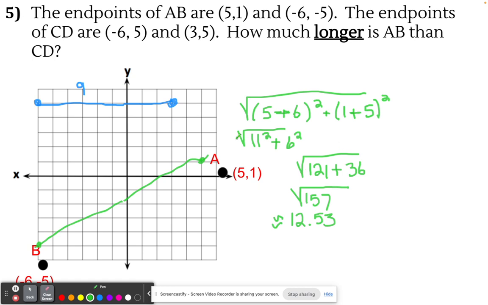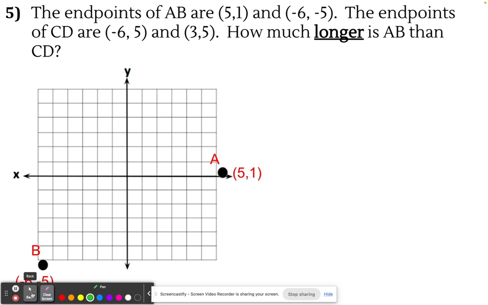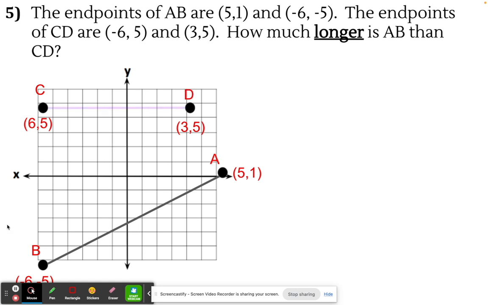Well, that would be approximately 3.53 units. 12.53 minus 9. I don't know why those lines are so crooked.